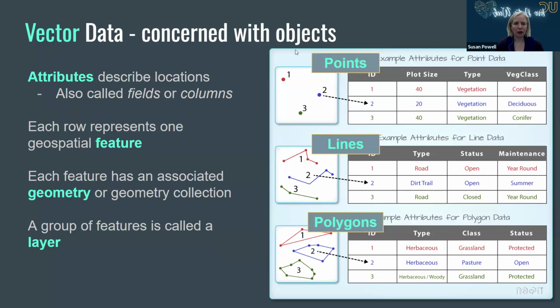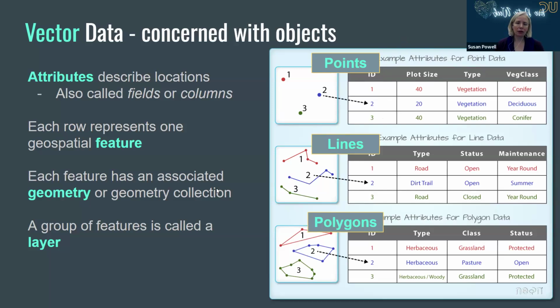And the attributes you can think of as the column headings. So it's telling you something about that geometric representation. Each line in the table represents a separate feature. So you can have multiple features in your table of data.